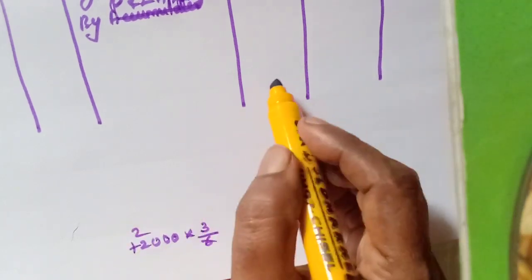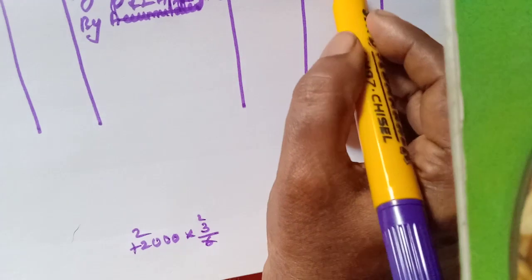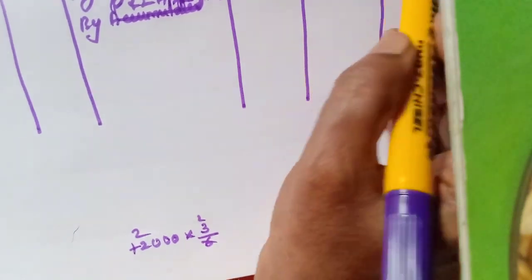If we divide, how much we will get? Into 3 by 6, 2. So 2 into 3, 6,000. The next partner 2, 4,000. Next one, 2,000.